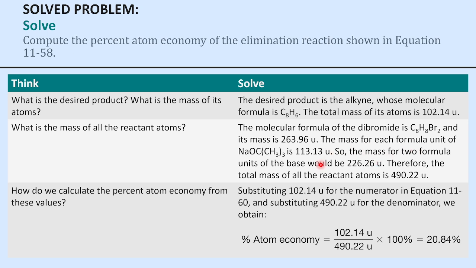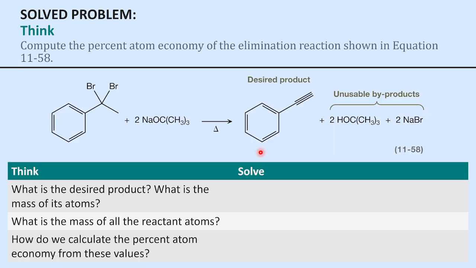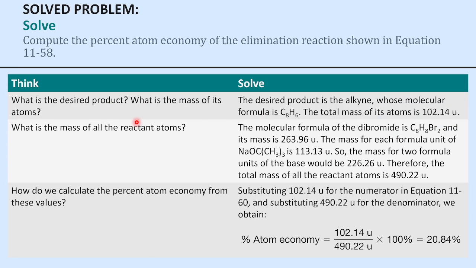So the mass for the two formula units together, notice we use two equivalents of these, is 226.26, and then we add that to this number here, and that gives us our 490.22 that was on our reactant atom side.